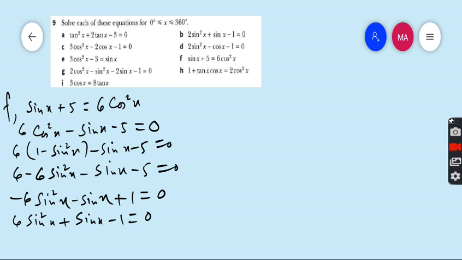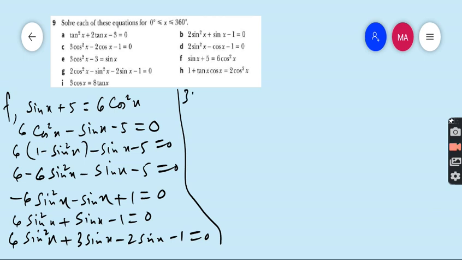Okay, students, now factorize. 6 times 1 is 6, and 3 times 2 is 6, 3 minus 2 is 1. 6 sin square x plus 3 sin x minus 2 sin x minus 1 is equal to 0.